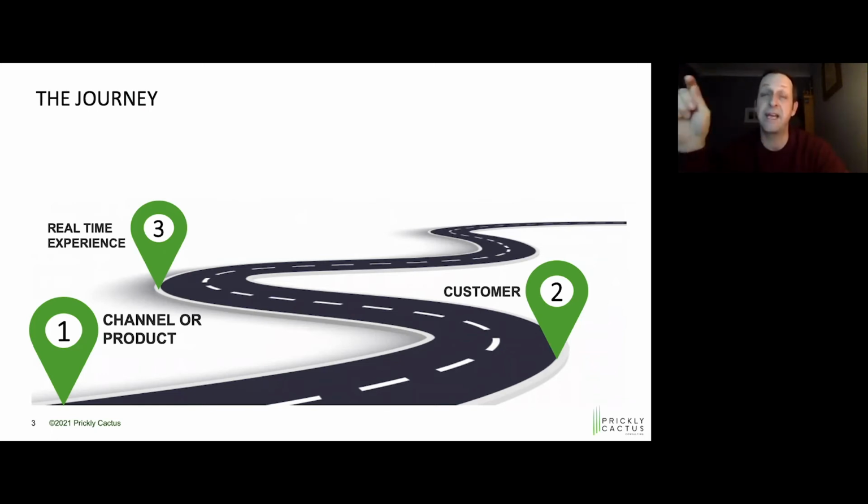They weren't doing anything that they weren't doing at step 2. They were just doing it in real time, $100 million a year in incremental sales. At this step, you are looking at investments in technology to make everything work in real time, but the return on investment is just incredible.